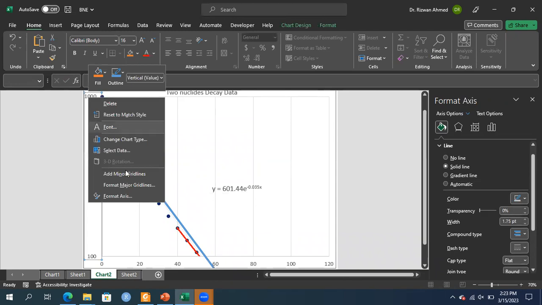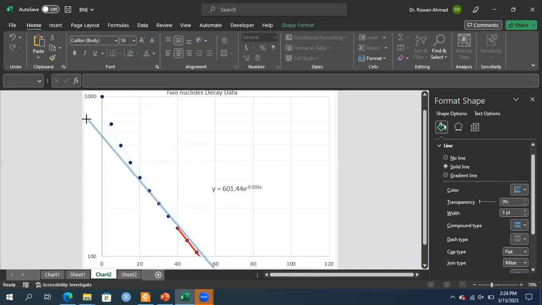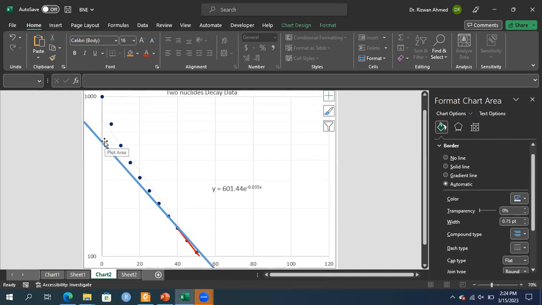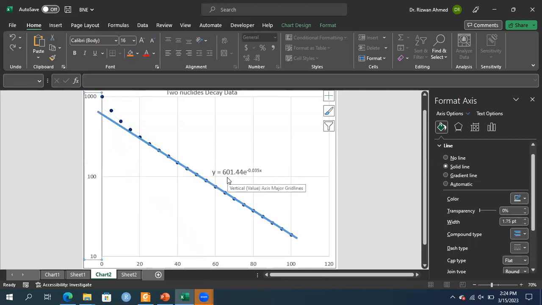Then I show the grid lines, minor grid lines. So this seems to be 200, 300, 400, 500, 600, and 700, right? But this has been shifted. So somewhere 600, right? So I agree with the regression line. Let's put it back. Okay. So 600 as the intercept.